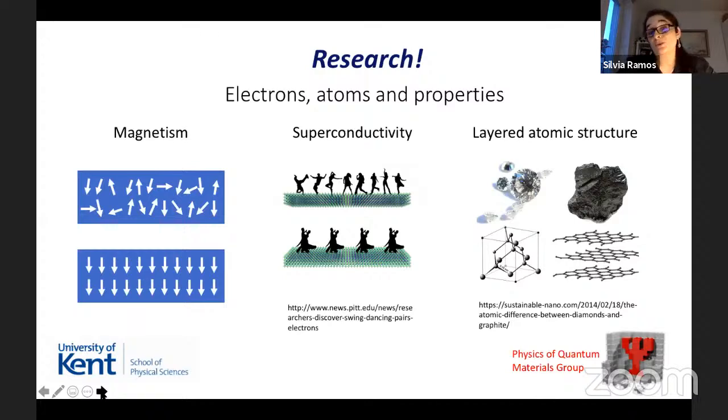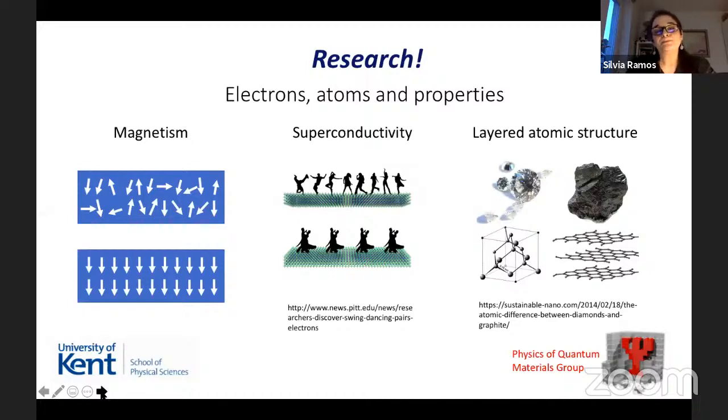Okay, or for superconductivity, you could have absolutely random and correlated electrons doing their own thing, but you cool them down and suddenly you have them nicely paired and doing this coherent dance across the material with no resistivity. So I thought that was really intriguing, and how you correlate the structure and the properties of the materials is what has been driving my research all of these years.